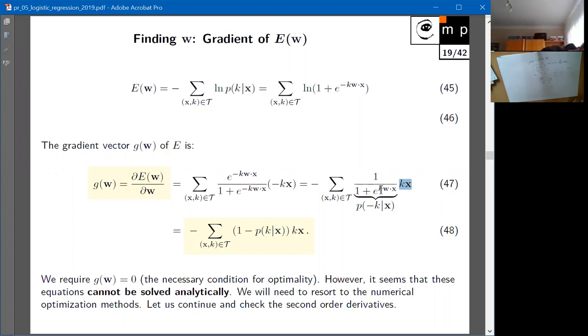So for instance, if wx is a huge number, what does it mean to be a huge number for wx? This is the decision boundary, and let's say this is our w, and this equation is wx equals 0. If w is a unit vector, then if you are very, very far from that boundary, this will be a huge number.